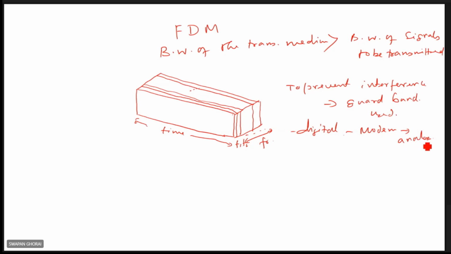So analog signal, digital signal, both can be used in FDM. After combination, there will be a composite signal. And again, it will be shifted to another carrier frequency to transmit the actual FDM signal. You see the diagrams, it will be more clear.